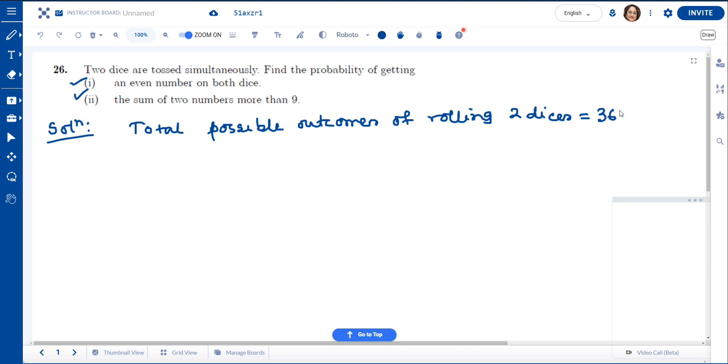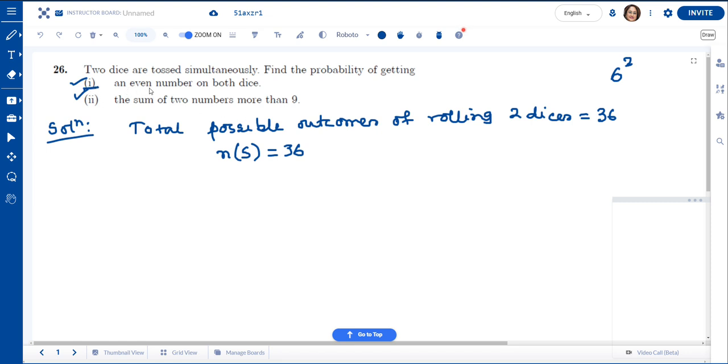We know that there are 6 outcomes from each dice, so 6 to the power 2, that is a total of 36 combinations. So we can write that n(S), the total outcome, is 36.